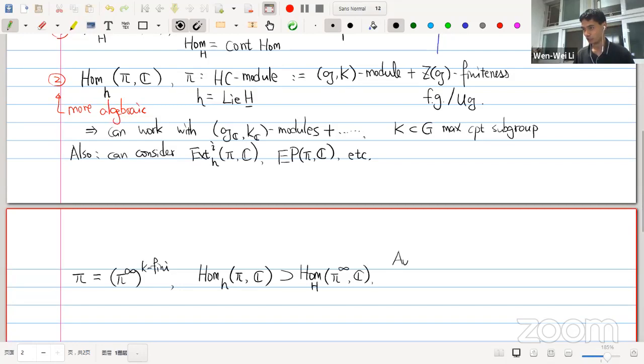And the so-called automatic continuity conjecture says it should be an equality. Today I will concentrate on the algebraic case, so I won't make use of the automatic continuity.